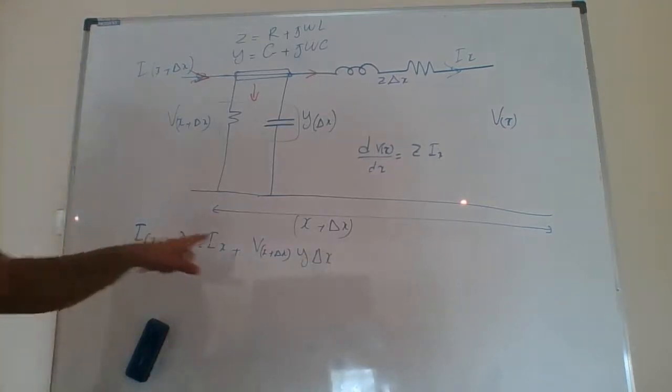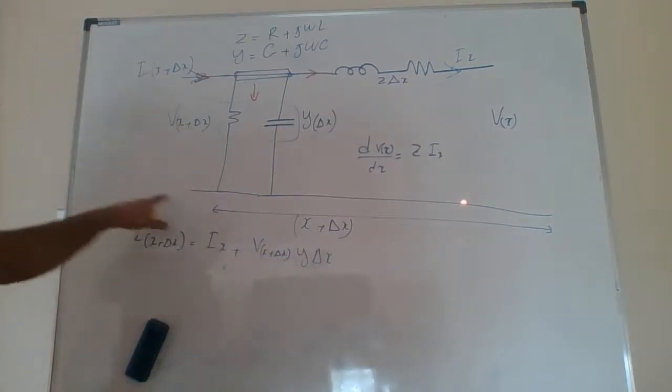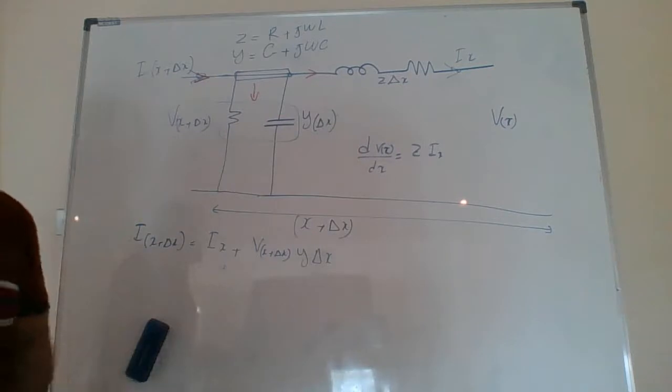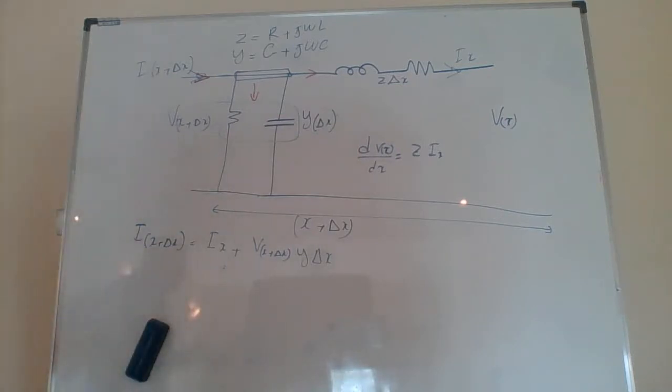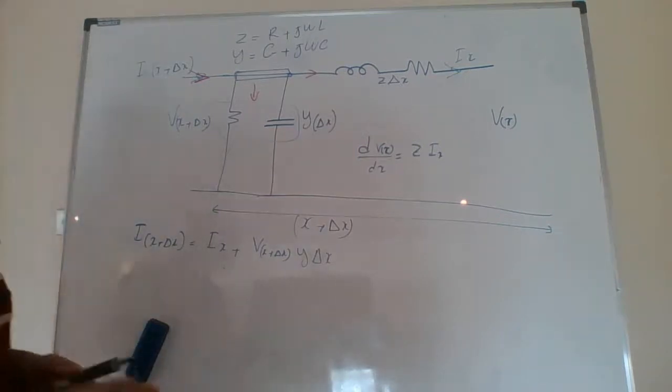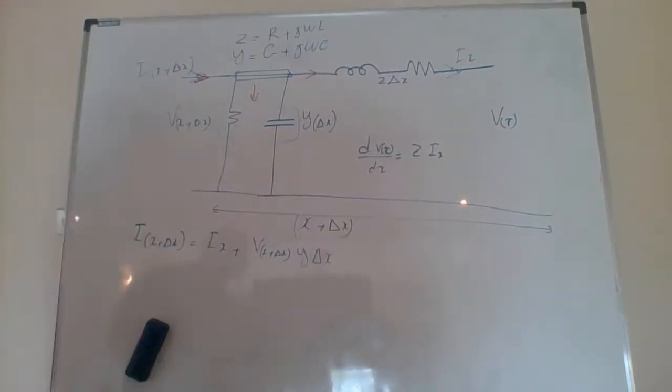Can I rearrange this same as what I did before to end up with a limit? Can I do this, or I can't do this? Let's think about it. So tell me, guys.